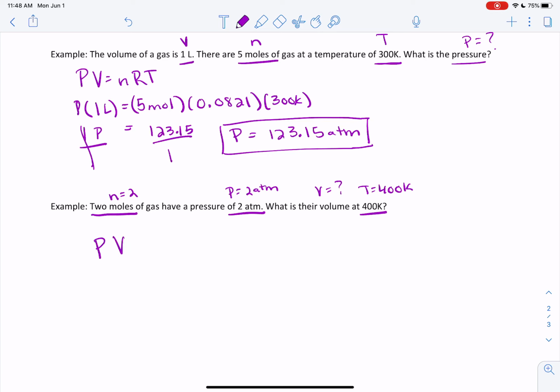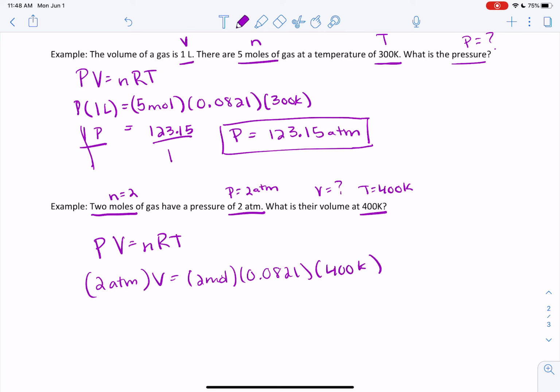So let's put in our equation. Our pressure is 2 atmospheres. We don't know the volume. N is 2 moles, times R is 0.0821. Always, remember that's our gas constant, and our temperature is 400 Kelvin.